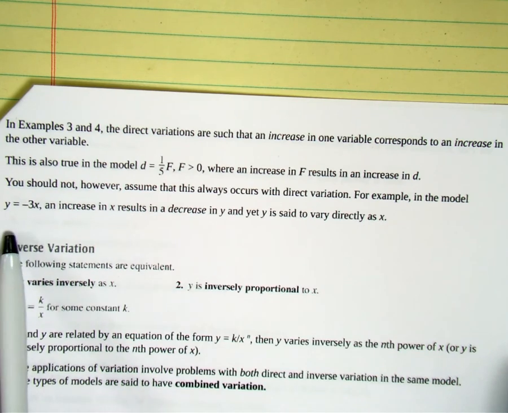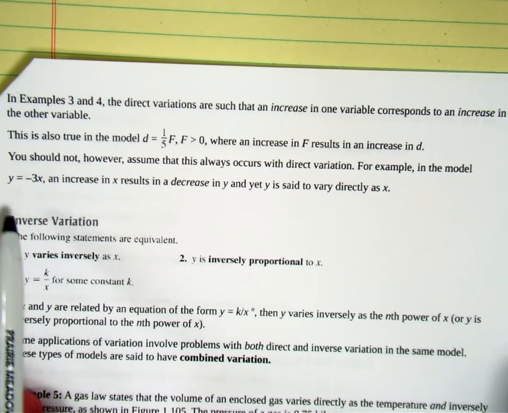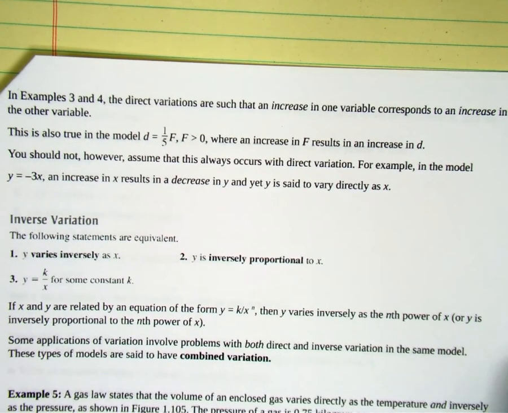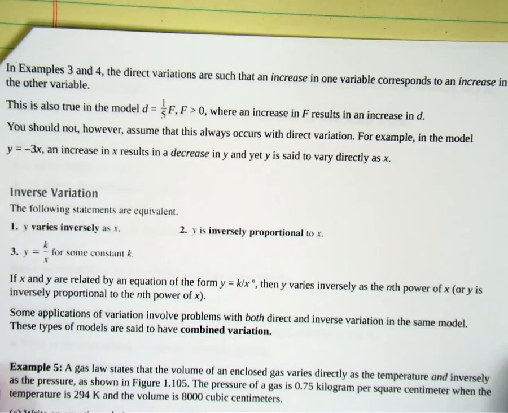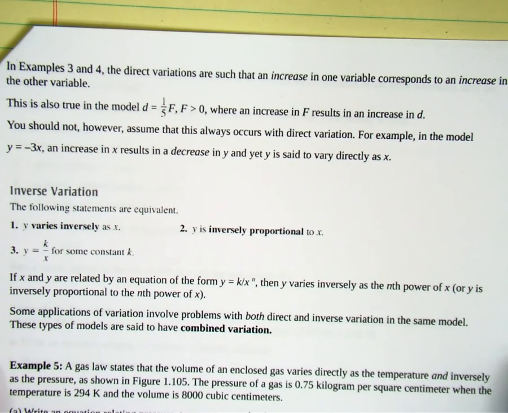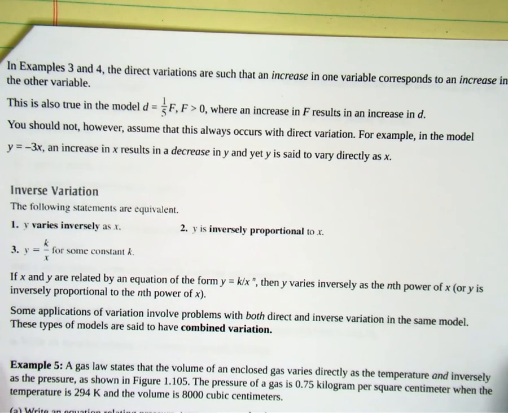For example, in the model y equals negative 3x, when your k is negative, an increase in x would actually result in a decrease in y, but it's still direct variation because it follows this format of y equals k times x. So that's why they kind of go with proportional.